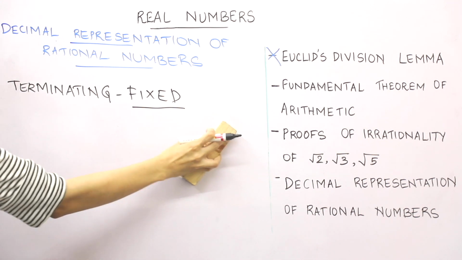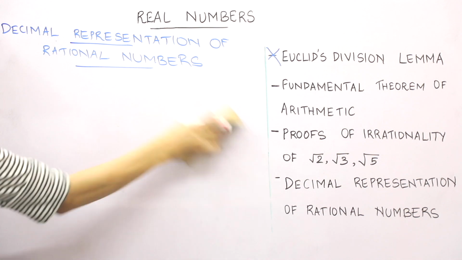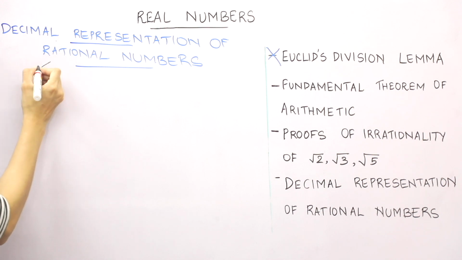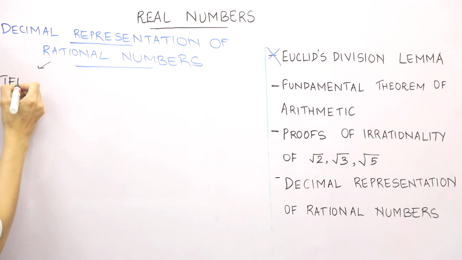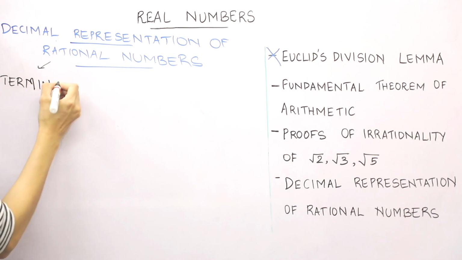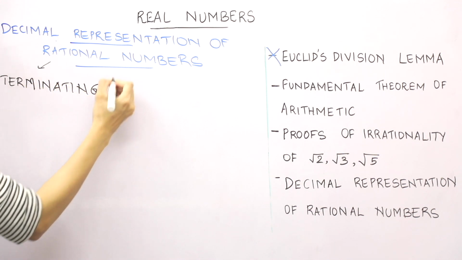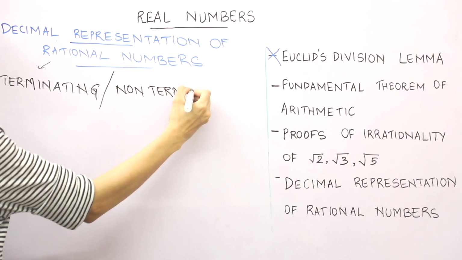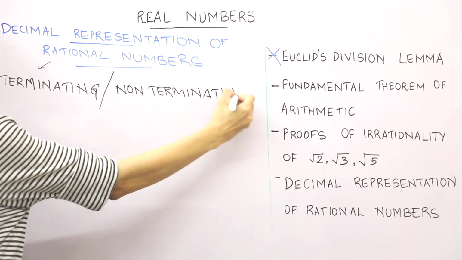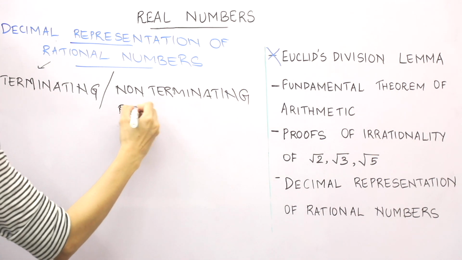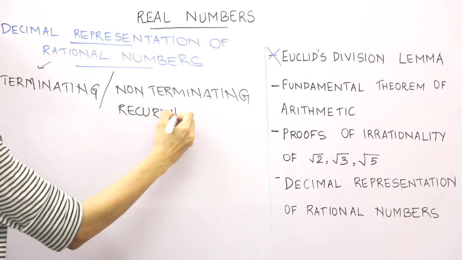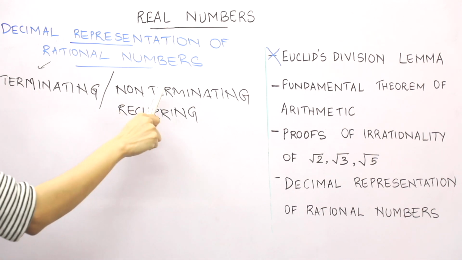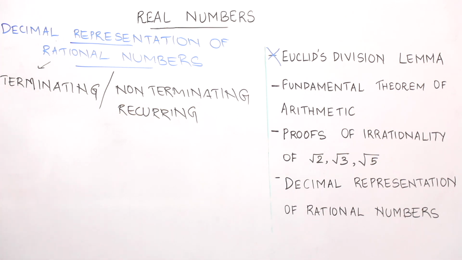While irrational numbers have non-terminating, non-recurring decimal representation, rational numbers have either terminating or non-terminating recurring decimal representation.